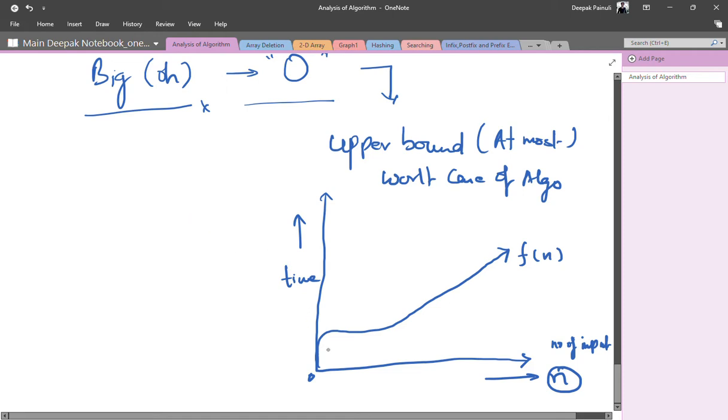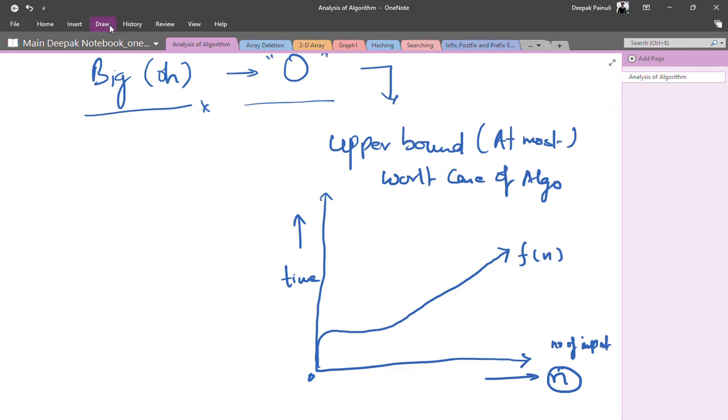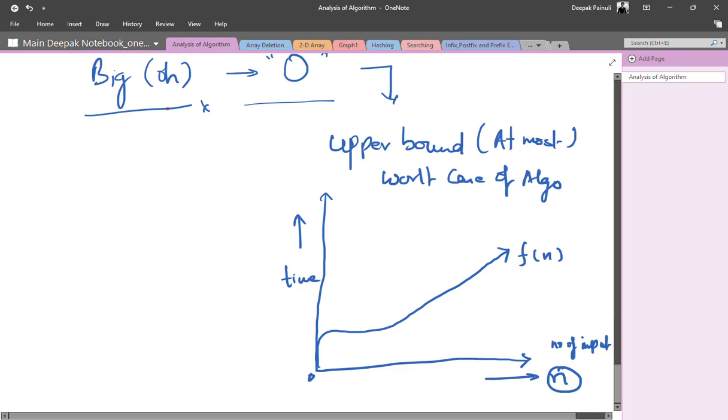This graph is representing the performance of our algorithm, so this is the basic function. Now let us say we have another function, denoted by c dot g(n). g(n) is the second function which will upper bound our working algorithm, right?